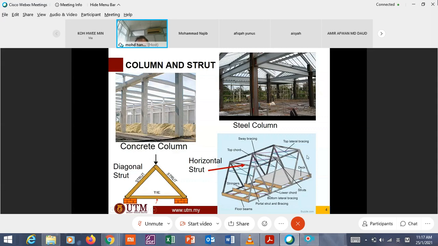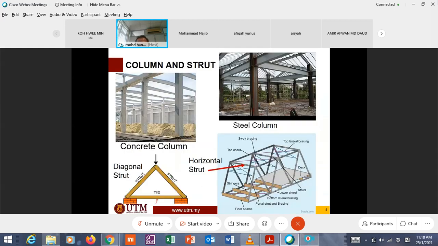When you remember when you learned zero member, when at this plane there is no other member, then the force here is zero. But it is still called a strut. You can find it on the internet. There is a lot of information regarding the strut, column, tie member.